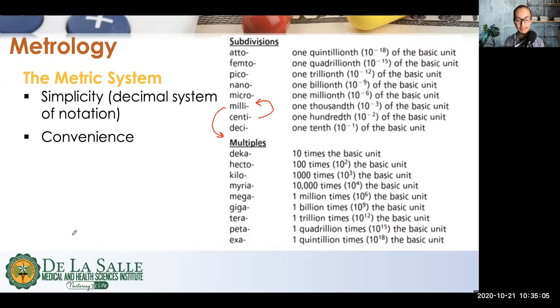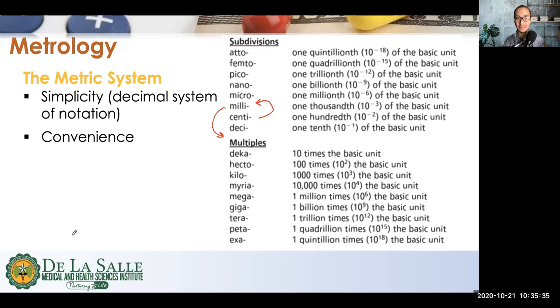For example, a mile is 1,760 yards, and 3 feet are equivalent to a yard, and 12 inches are equivalent to a foot. So there is no relation between the 1,760, the 3, and the 12. Those conversion factors are not related to each other.